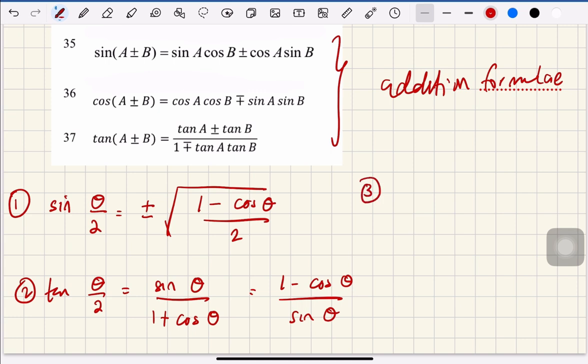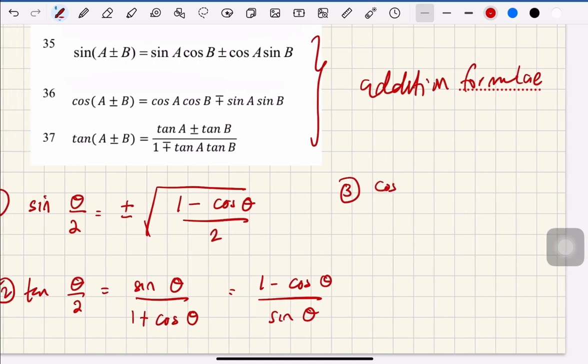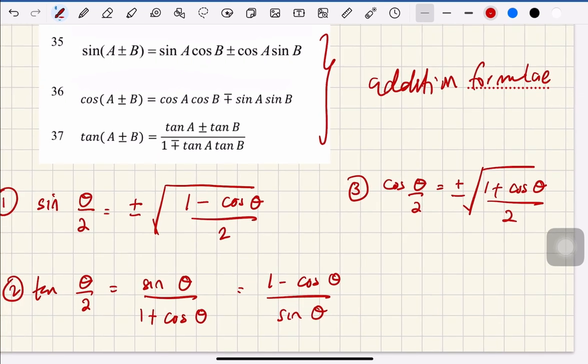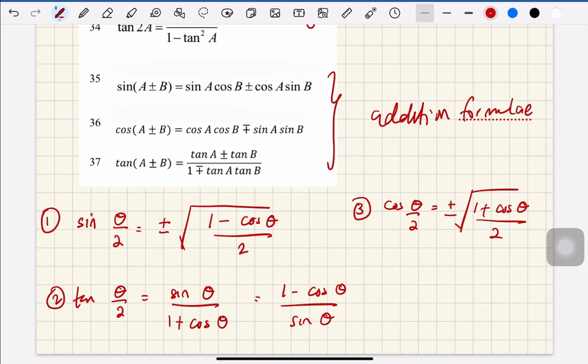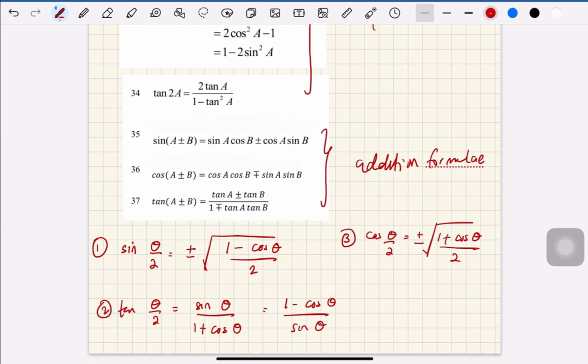And number 3, cos theta over 2 is equivalent to plus minus square root of 1 plus cos theta over 2. The last three, the ones in red, are not given, so the half angle formula usually has to be derived.